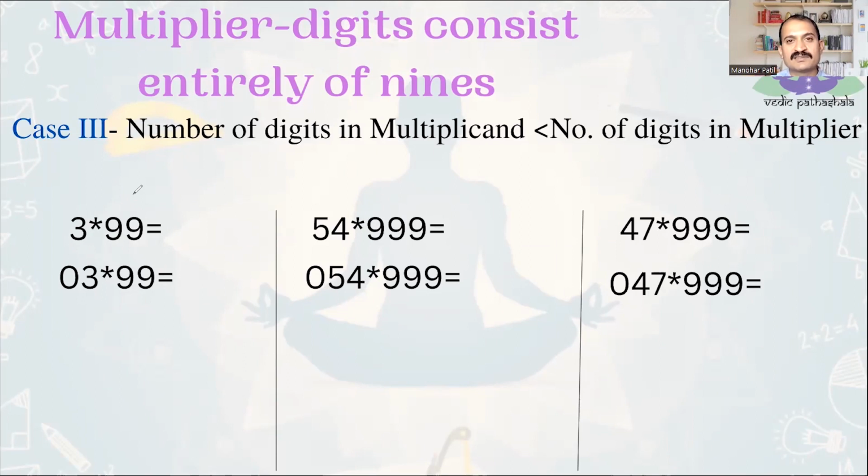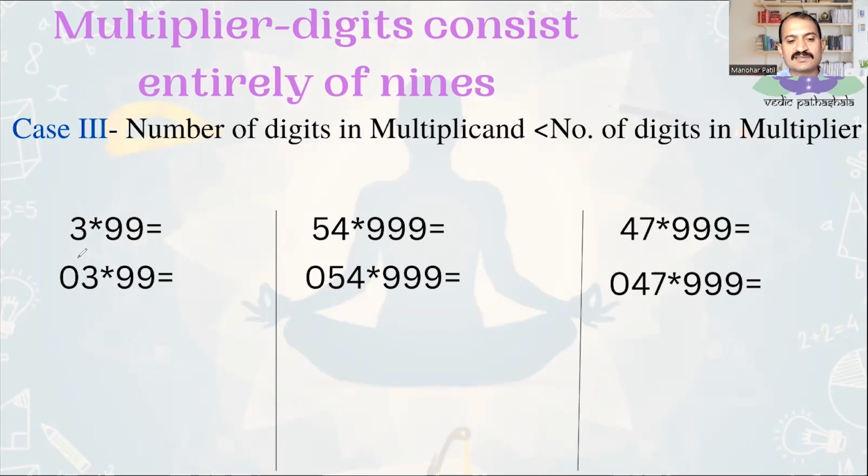The value of that number doesn't change, right? So if you write 4 is equal to 04 is equal to 0004 is equal to 000000004. Same thing. So you can put any number of zeros before the number. The value of that number doesn't change. So we are going to use that rule in this case.